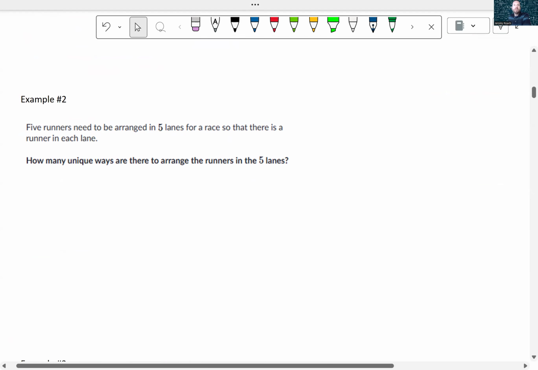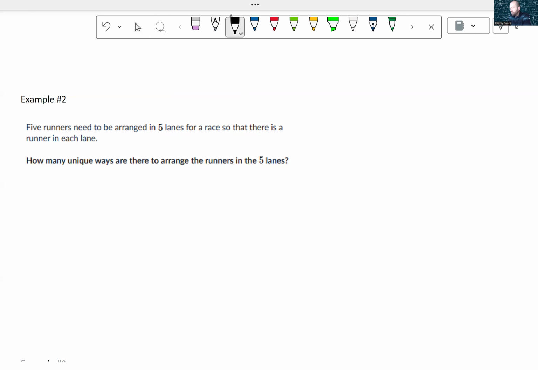5 runners need to be arranged in 5 lanes for a race so that there's a runner in each lane. How many unique ways are there to arrange the runners in 5 lanes? So this says unique ways. That's our key indicator that we're using permutations for this. So for the total, there are 5, and then there are 5 runners that are being arranged.